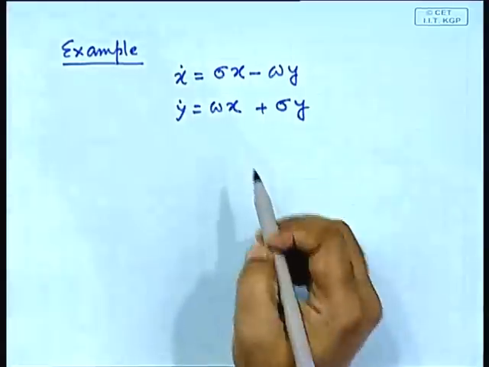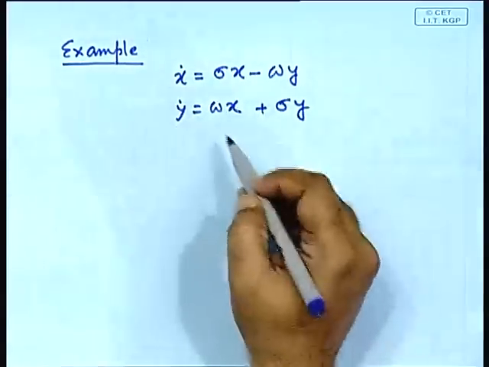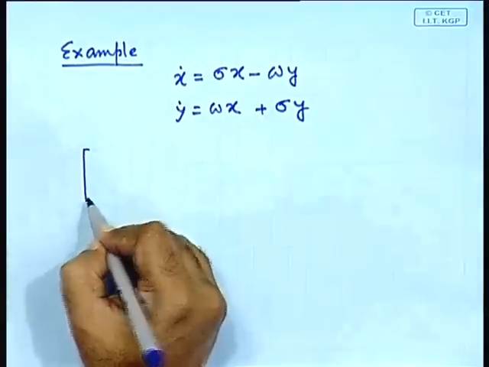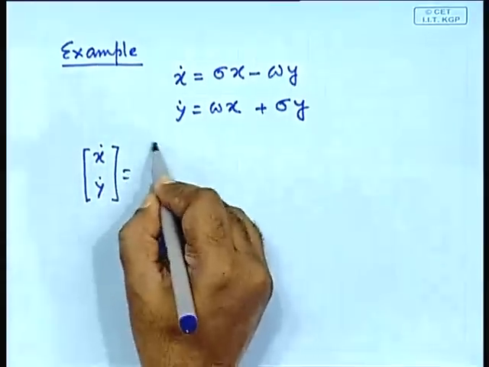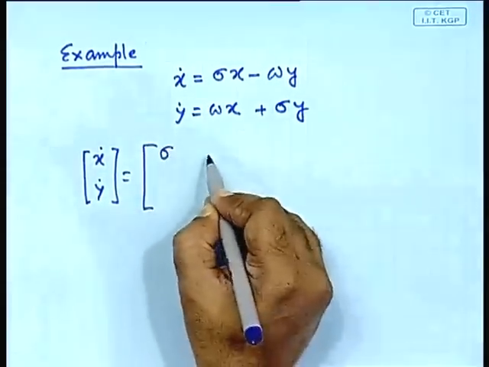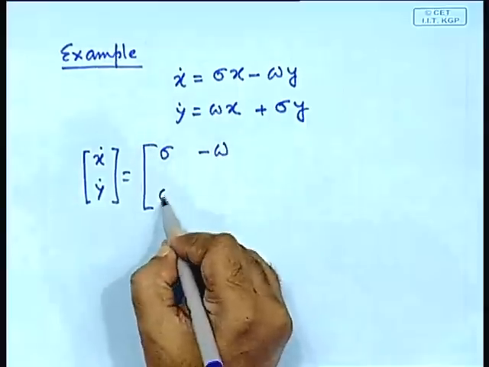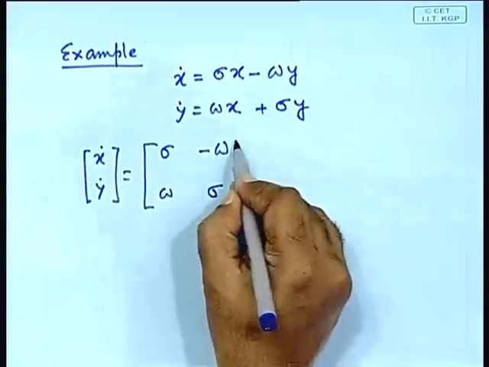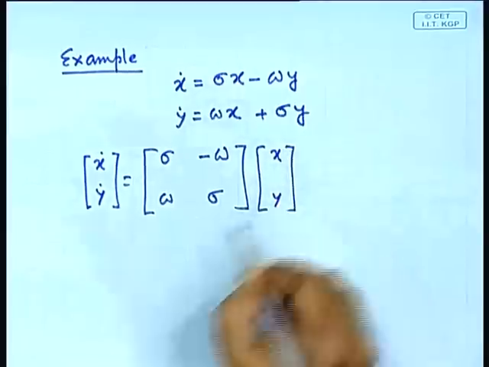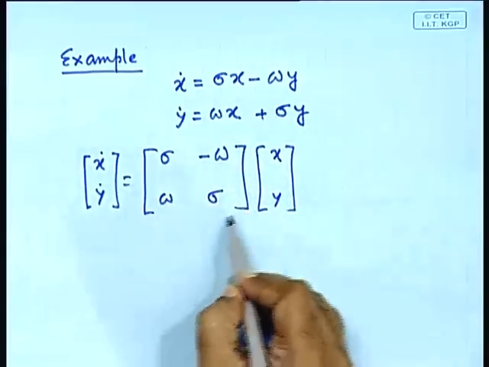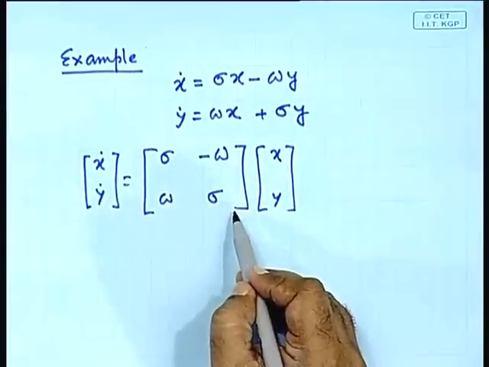The reason will immediately be clear, because what will be the next step? You will say that the matrix equation is x dot, y dot is equal to the matrix sigma, minus omega, omega, sigma, times x, y, and then we will proceed to obtain the eigenvalues of this.